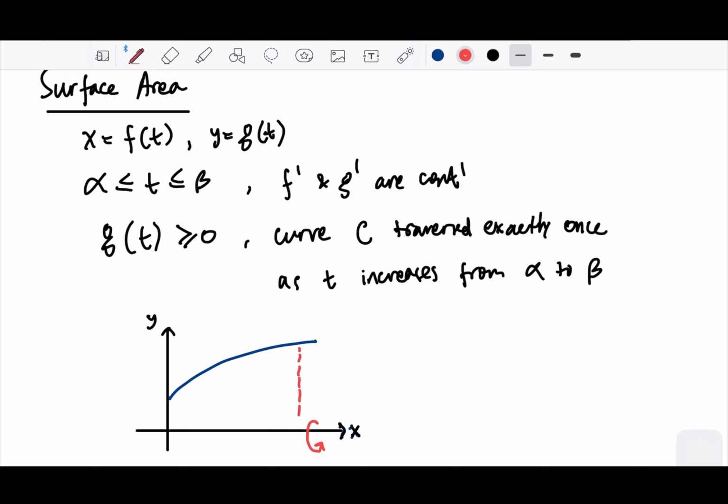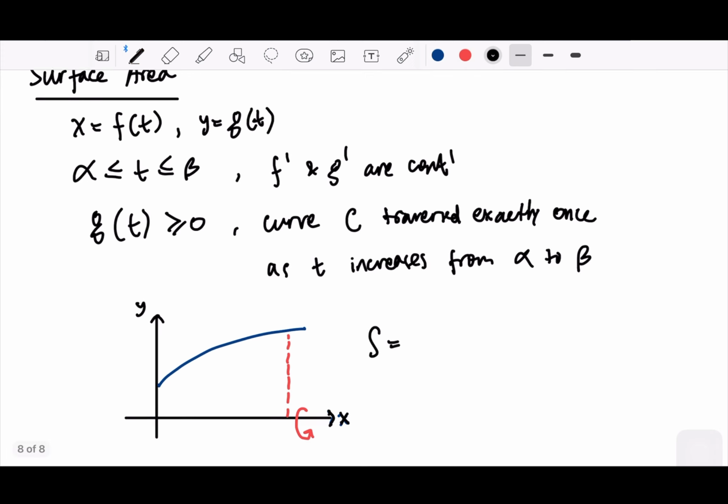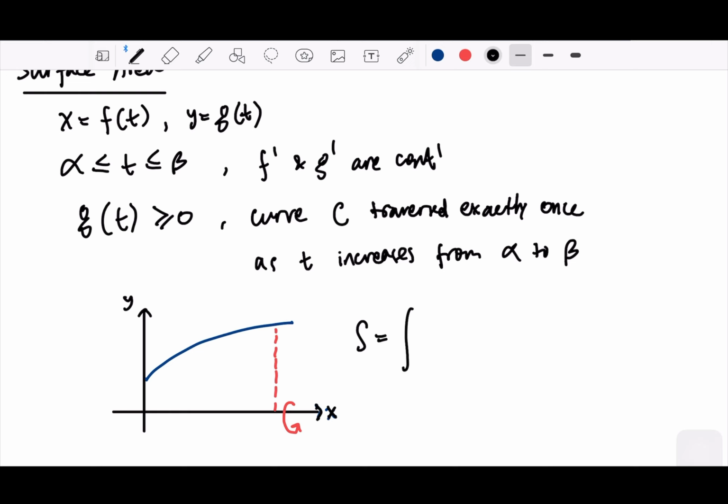Then the surface will be 2 pi y, and then let me write directly using alpha and beta for the t. So basically it's the same, but we just change the arc length according to the parametric one.